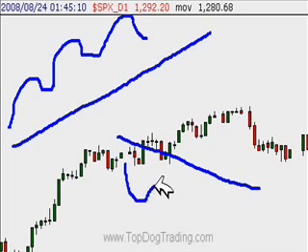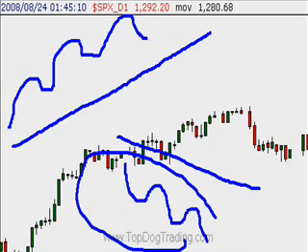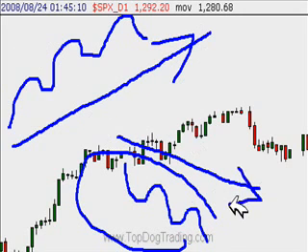Moves down, retraces up a little bit, down, retraces up a little bit, down. This is the general move of the market when it's moving in a direction. But the overall direction here is still up. Overall direction here is still down. These little retraces are actually great places to enter the market in the direction of the primary trend.